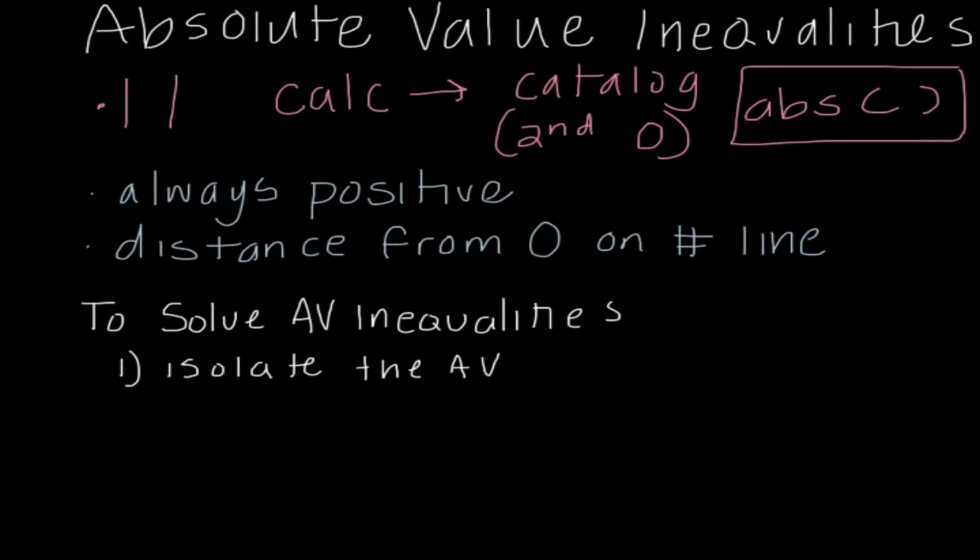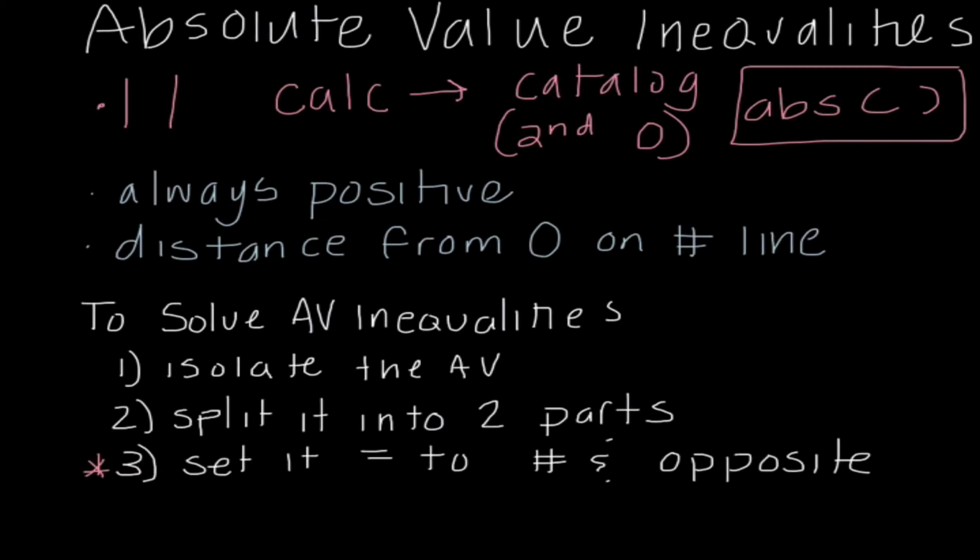The majority of problems you'll deal with already have the absolute value all by itself, but if we see something else, we need to get that absolute value by itself right away. Our second and third step really go together. I'm going to split our absolute value inequality into 2 parts, and that just means that I'm going to write the expression twice, and I'm going to then set it equal to the number and its opposite.